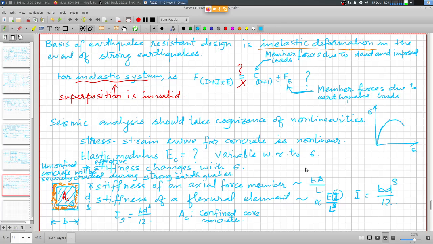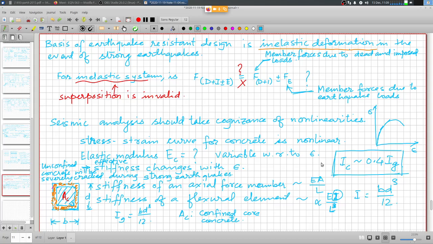So typically what is done is the core moment of inertia is considered to be of the order of 0.4 times gross moment of inertia. So the seismic analysis is performed using this simplified assumption.